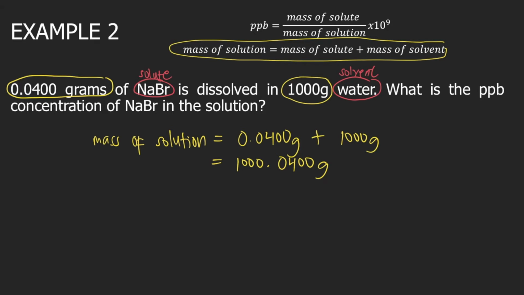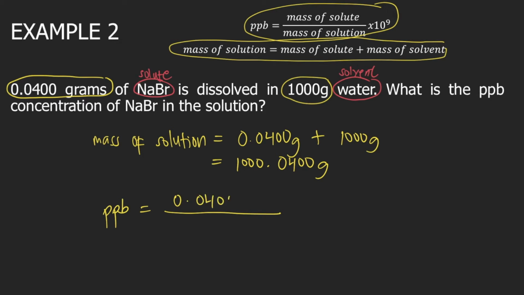Now that we have the mass of solution, we will use the first formula for ppb. So ppb is equal to mass of solute, that's 0.0400 grams, divided by mass of solution, which we just solved a while ago, 1,000.0400 grams times 10 raised to 9.